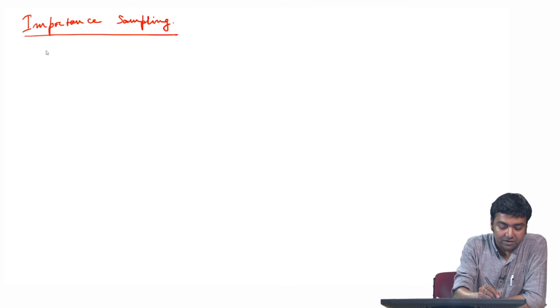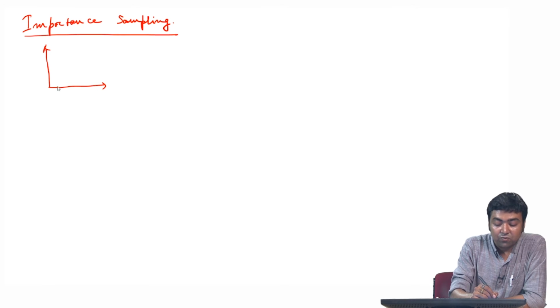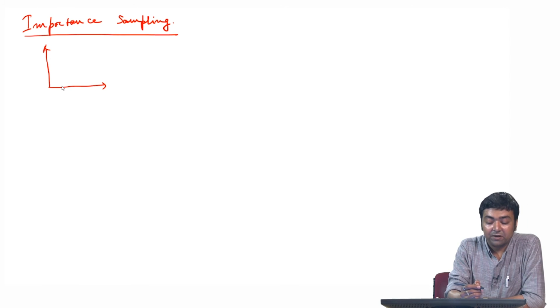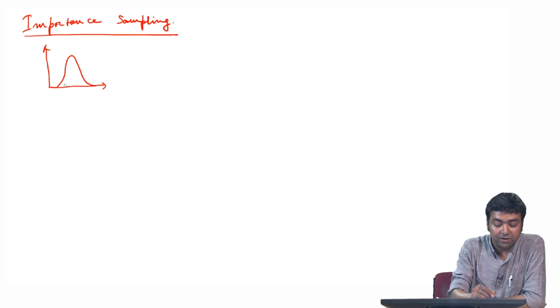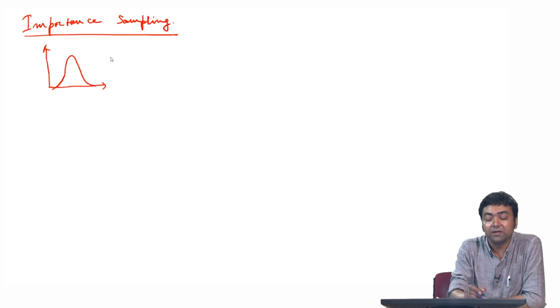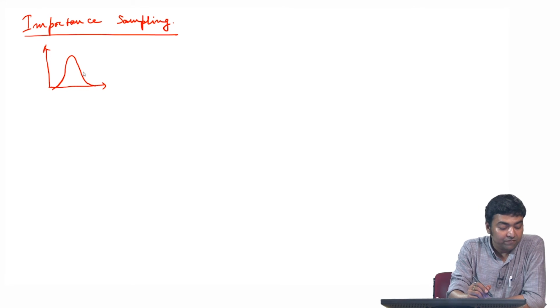I am just reiterating. I need to generate random numbers whose distribution has a shape that matches the shape of the function. Suppose I have a Gaussian function which I want to integrate. I would rather prefer a set of random numbers which has a normal or Gaussian distribution than a set of random numbers which has a uniform distribution.